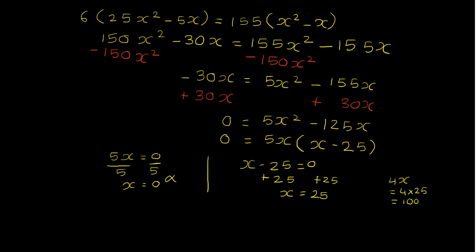Okay, so let's do the check in blue. The next thing I'm doing is just checking if I got my answer right. So in total there's 125 counters. 100 of them are blue and 25 of them are red.